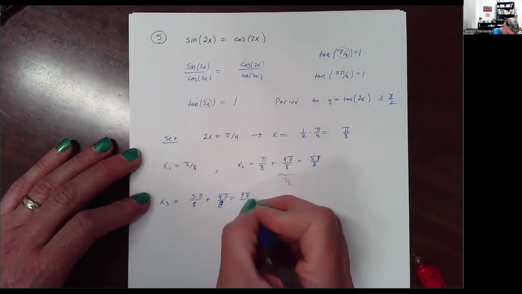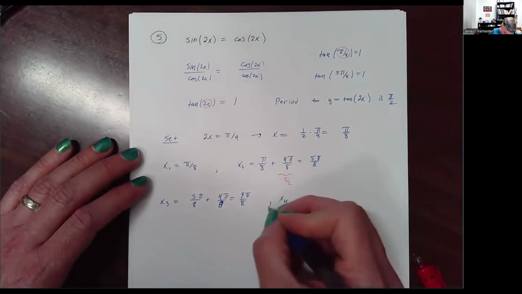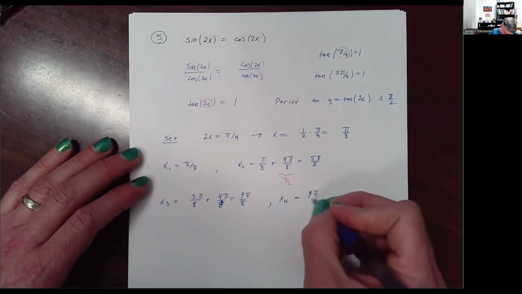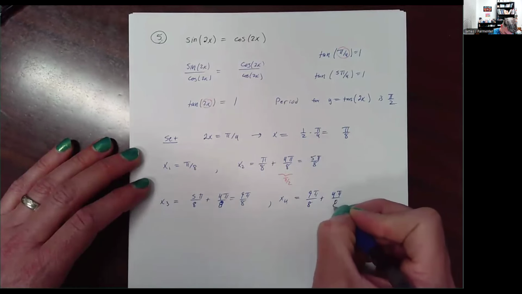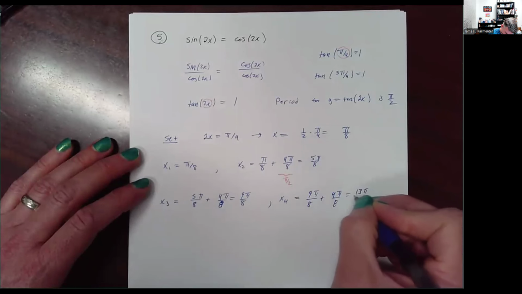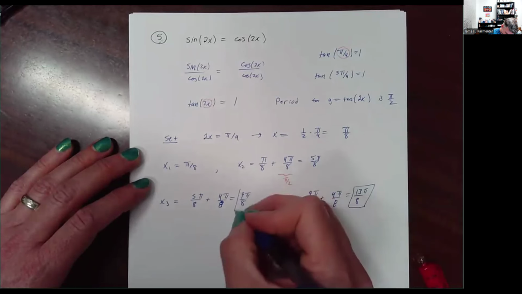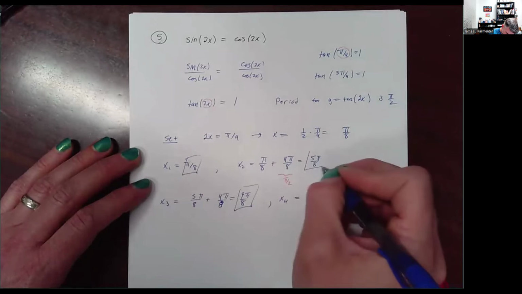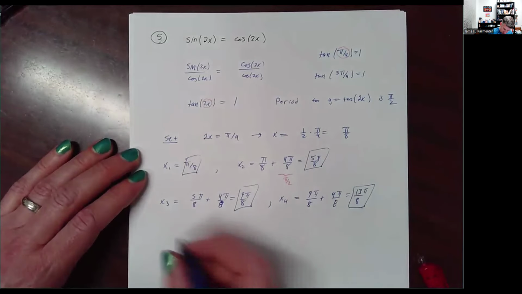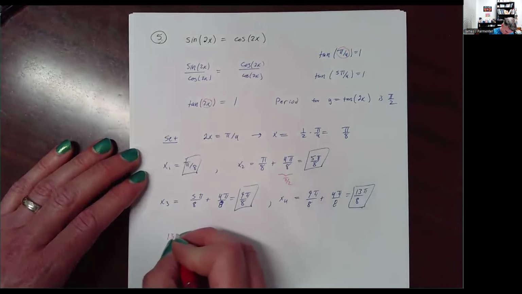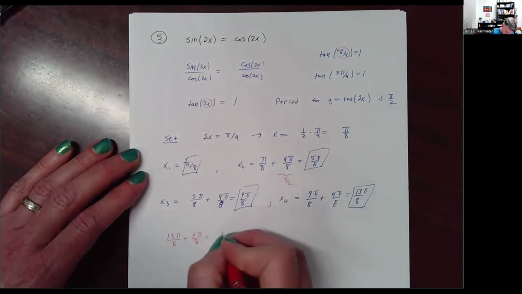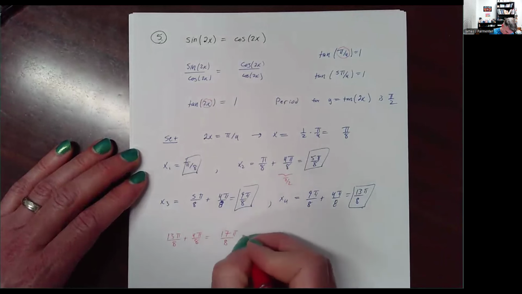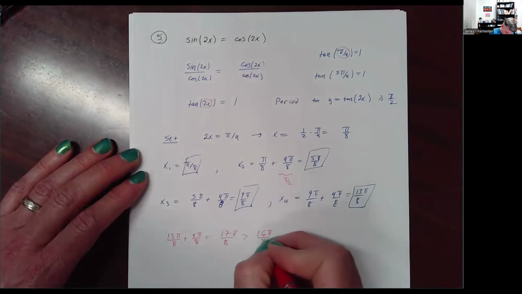9 pi over 8. And finally, 9 pi over 8 plus another period of 4 pi over 8 is 13 pi over 8. And if I went one more, it'd be too big. 13 pi over 8 plus 4 pi over 8 is 17 pi over 8, and that's bigger than 16 pi over 8, which is equal to 2 pi.